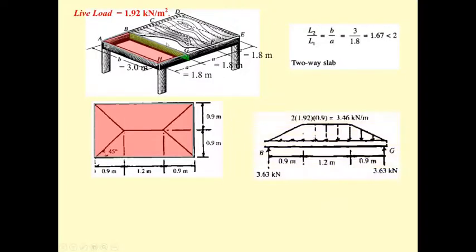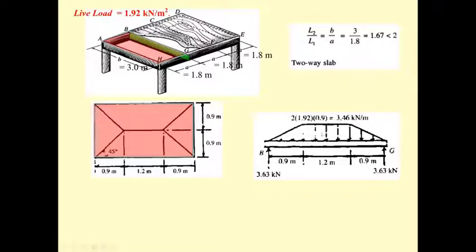And then the shape of the loading is going to look like this. Then 1.92 kilonewton per square meter needs to be multiplied by 0.9 for this one side, and another 0.9 for the other side. So you get the force of 3.46 kilonewton per meter on the beam BG.